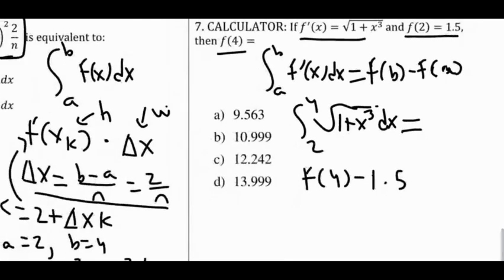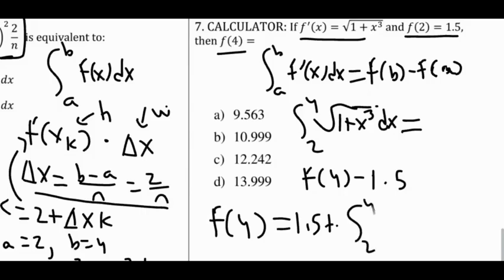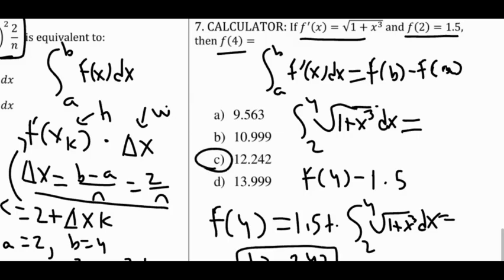So now I'm just going to do some algebra. F of 4 is going to be equal to 1.5 plus that entire integral. And when I plug that into my calculator, I get 12.242, which is the same as answer choice C.